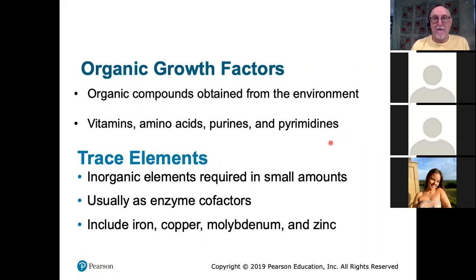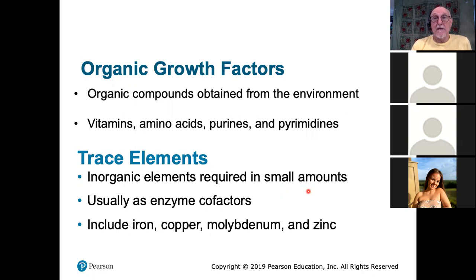Another set of essential nutrients are the trace elements. These are inorganic elements required, as the name says, in trace amounts. They're usually only needed in very, very small quantities. One good example is iron. We require iron because it's part of hemoglobin; it functions together with hemoglobin.